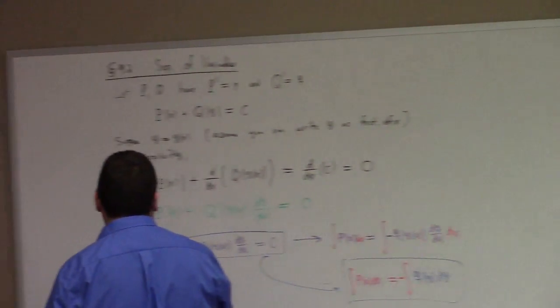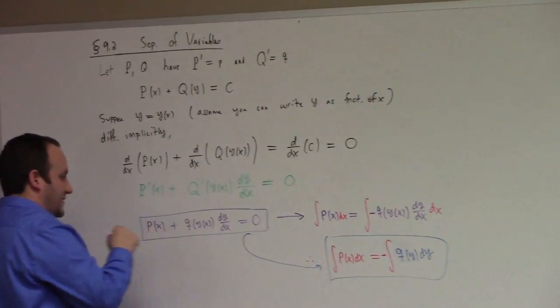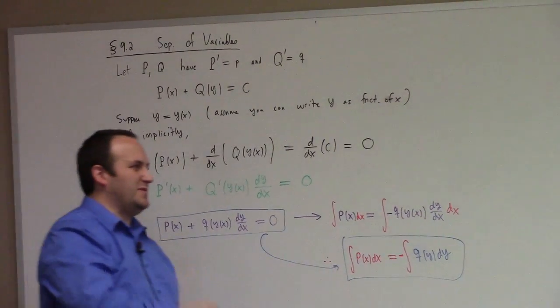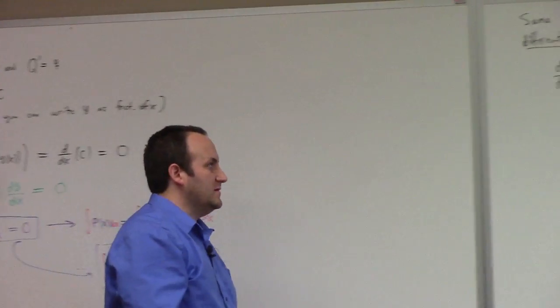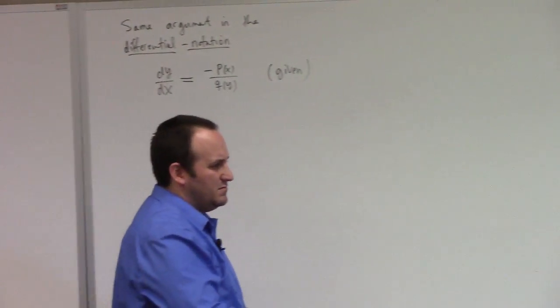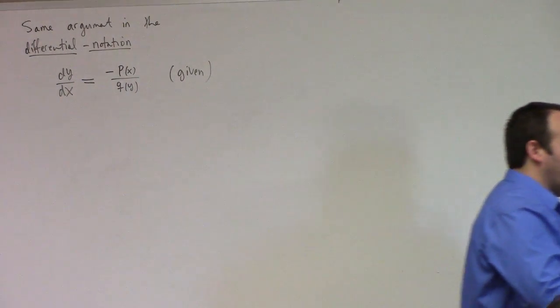It's almost the same as what I have over here, except that something would be lost. If there was some possibility that q of y was 0, we'd lose track of that when we made this division. So to be really careful, I would say they're not quite the same differential equation, because you might have lost q of y equal to 0 kind of stuff. But ignoring that rather exceptional case, it's the same thing.